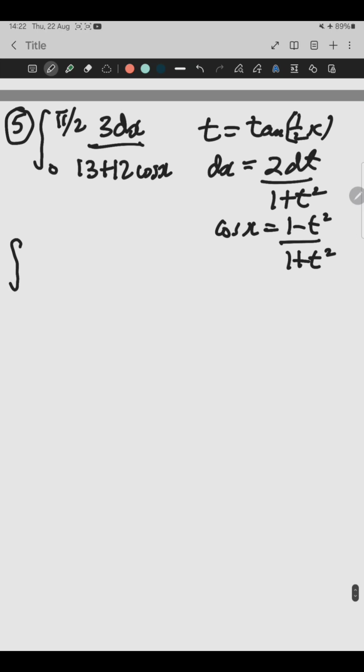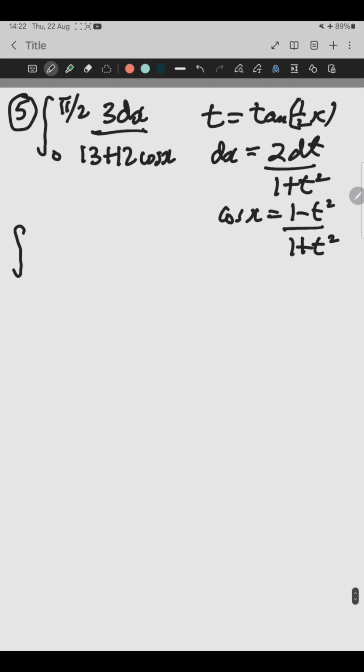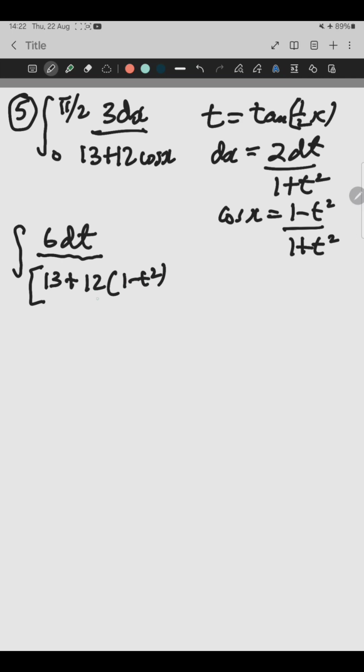So that becomes 6 dt over 13 plus 12, 1 minus t squared over 1 plus t squared, close bracket, and 1 plus t squared here. Remember, we need to change the limits as well. Now you see, when x is pi upon 2, half of x would be pi upon 4, and the tan of pi upon 4 is 1.